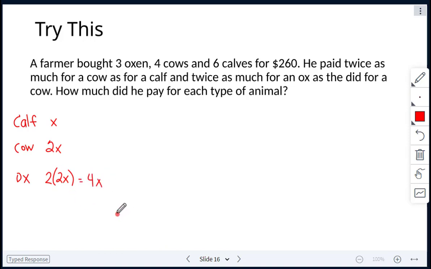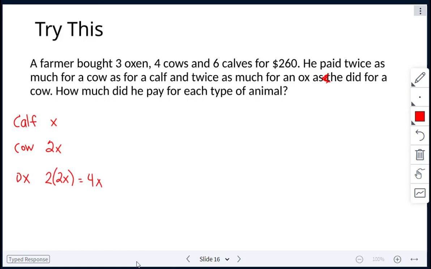Now when you are putting this into the equation, don't forget that there are 3 oxen. So there's 3 times the 4x, and then there are 4 cows, so 4 times the 2x, and there are 6 calves, so 6 times the x.